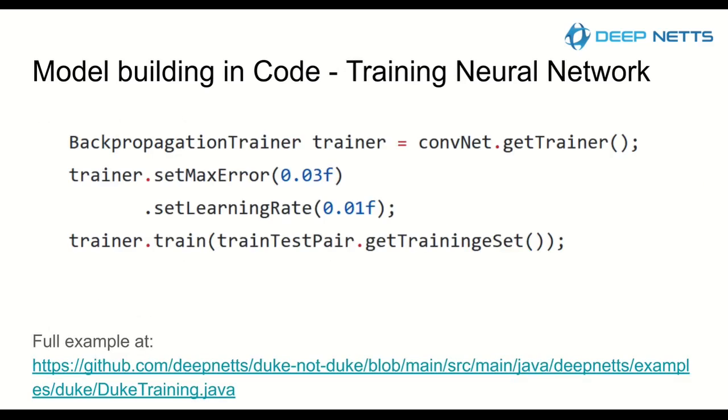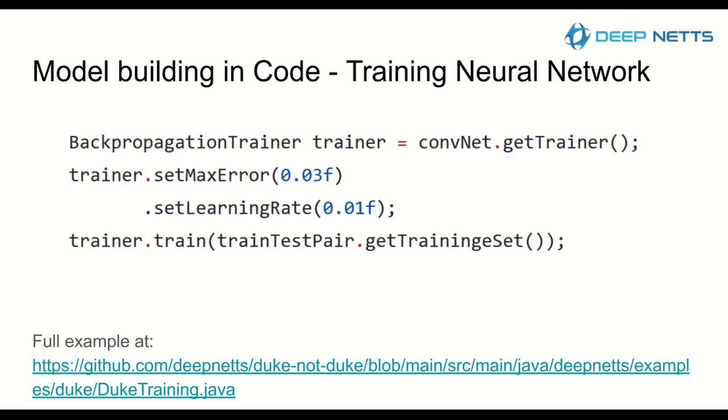In this code segment, you can see how the training procedure is performed by getting a trainer from the convolutional network using the getTrainer method, and then setting the error threshold by using the method setMaxError, and setting a parameter which is very important for training, which is the learning rate, which determines the step size or the part of the error that is going to be used for modifying internal network parameters.